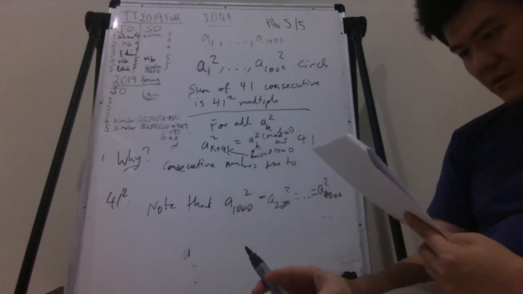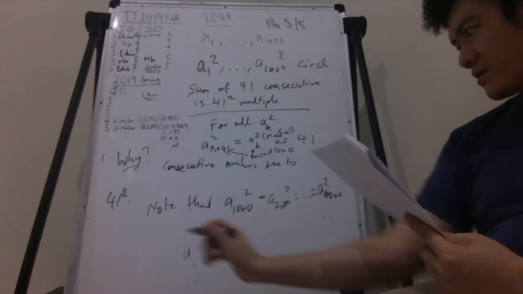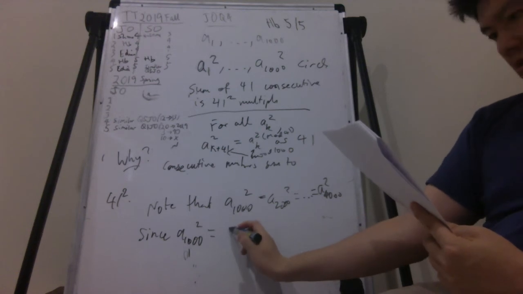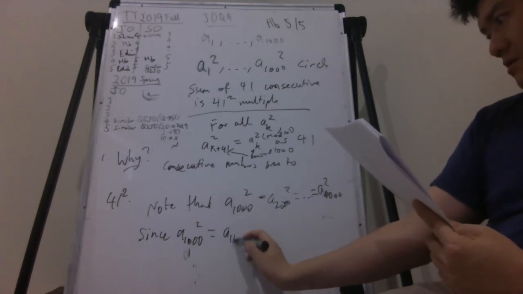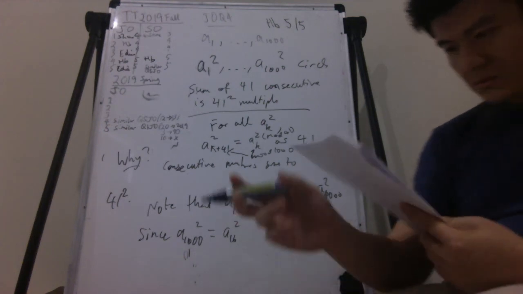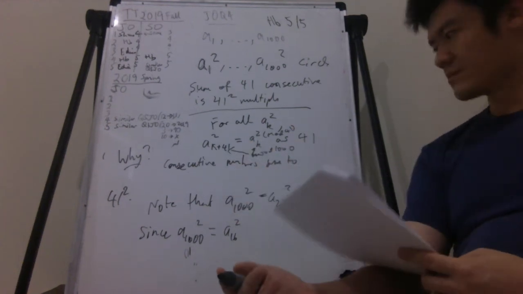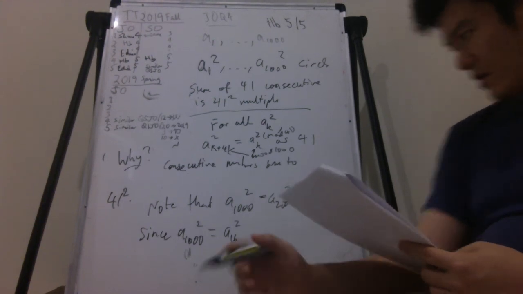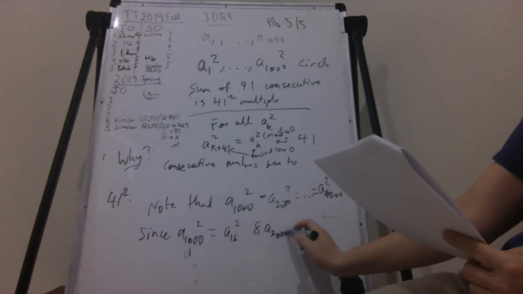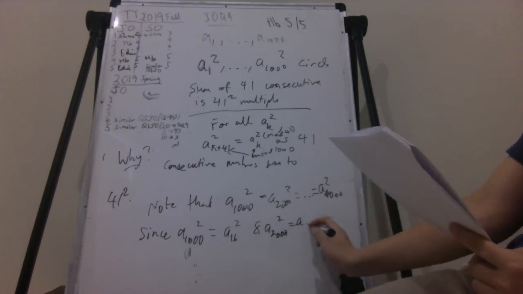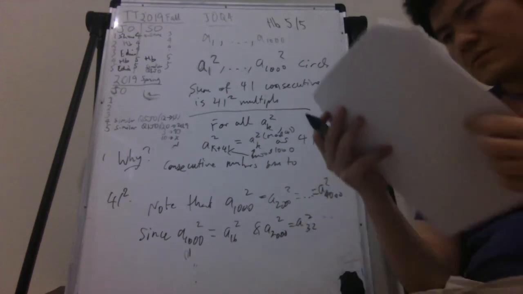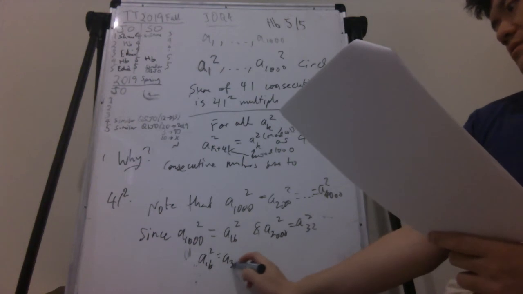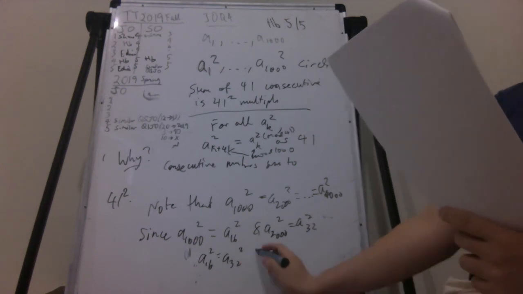Okay, so note that, yep, since A1000 squared equals A16 squared, and A2000 squared equals A32 squared, A16 squared equals A32 squared mod 41.